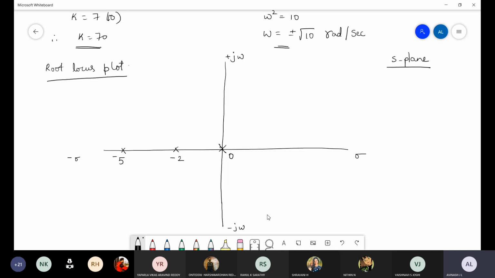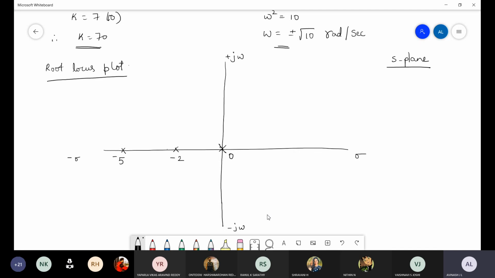After the first step, the next step is you need to mark the centroid. So what is the centroid value? The centroid value is minus 2.33. If this is minus 2, then obviously minus 2.33 may be here.